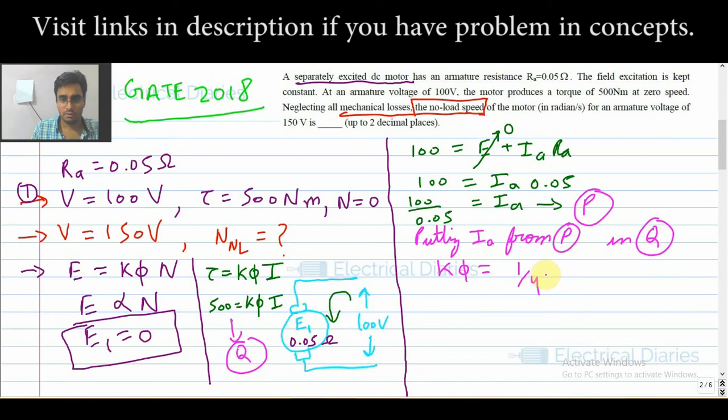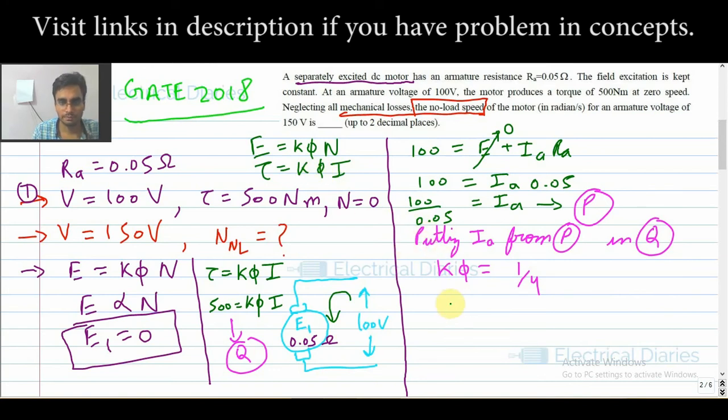Why am I doing this? Because I have to calculate the speed, and there is one relation which relates speed and E: E is equal to K phi n. You must remember that this K phi is the same K phi. So I have calculated the K phi value, and it is constant for a separately excited DC motor.